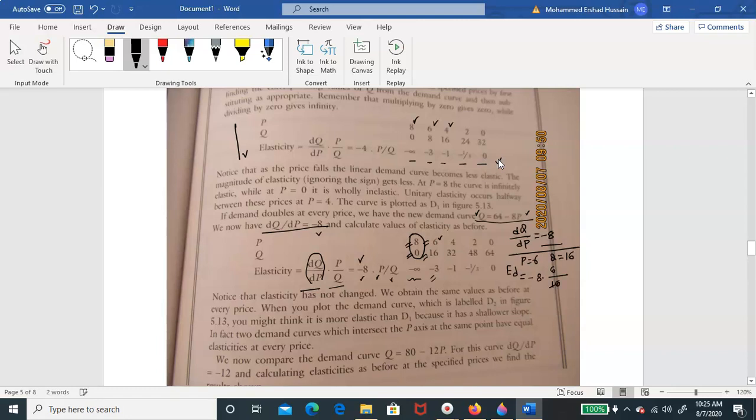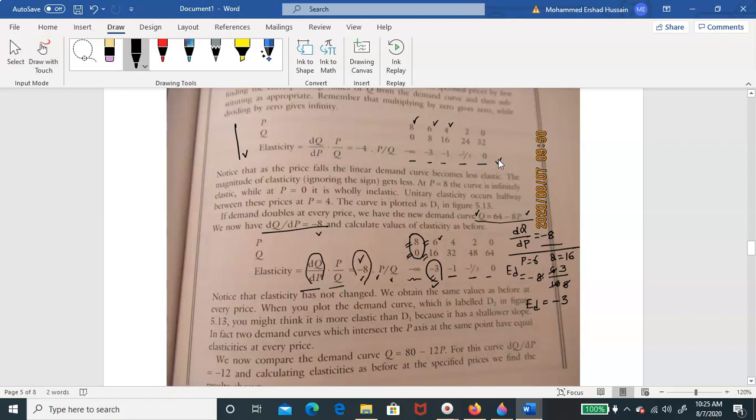If you divide this one with 3 and this one with 3 and this one with 8, then 8 you can cancel, so the answer is -3. That is the elasticity for this one. Okay, all right. Similarly, you can get all the other elasticities in this way, right?